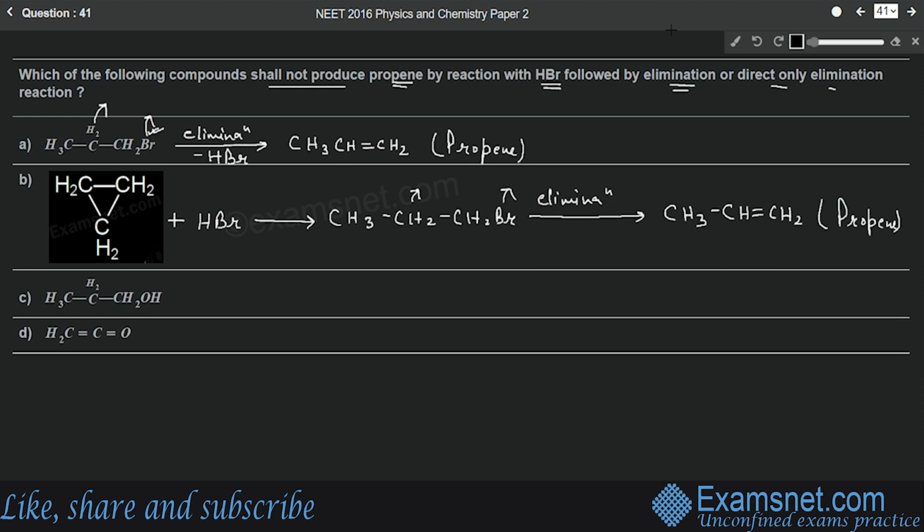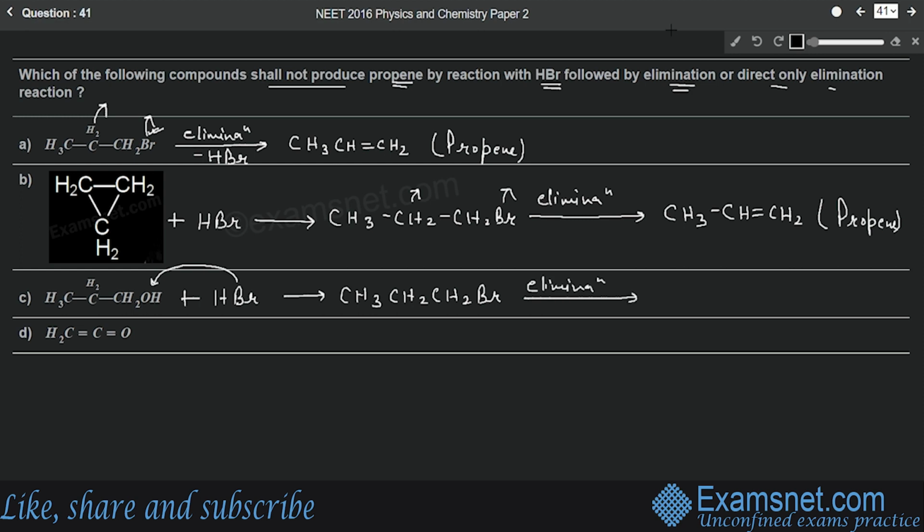Now let's come to the third one. So here also reaction with HBr. What will happen? This bromine will substitute the OH. So the product obtained will be CH3, CH2, CH2Br. And then elimination can be carried out.